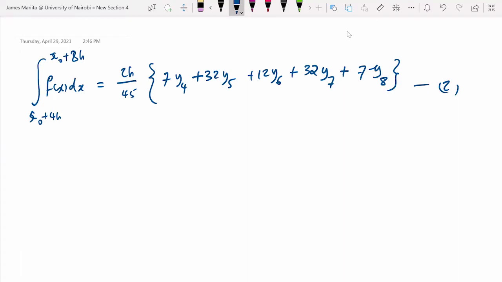Which shows you, with the same procedure, this is like our I2.